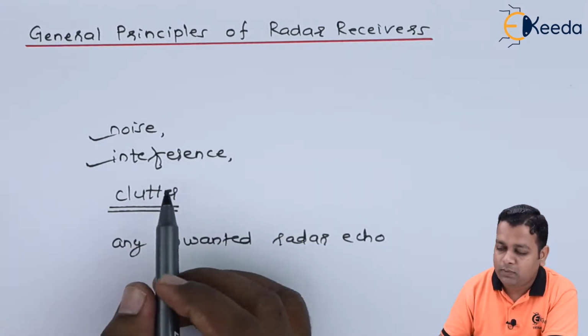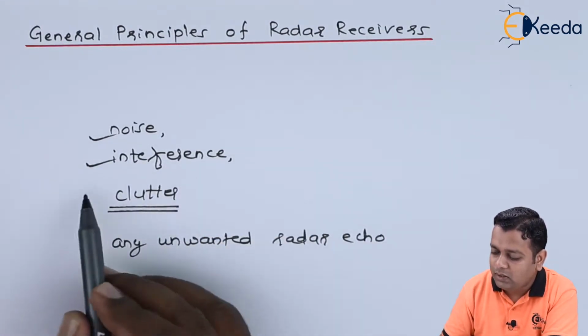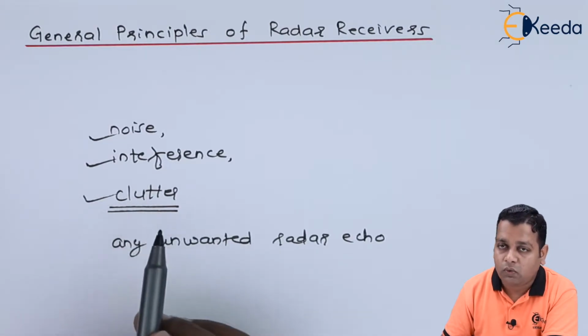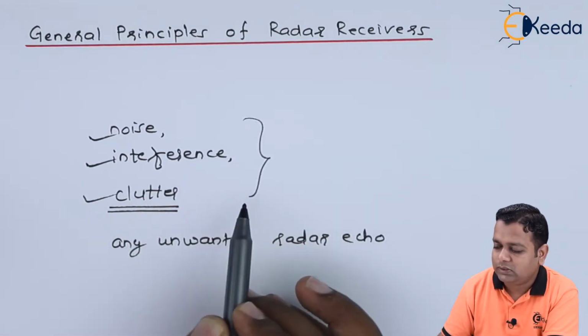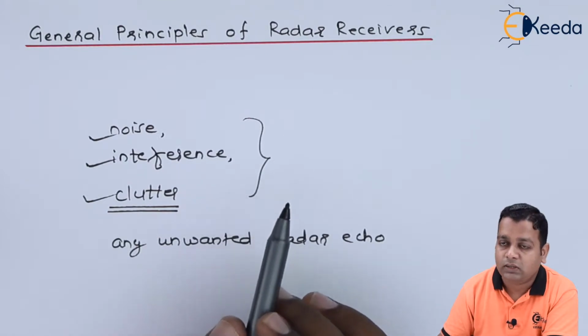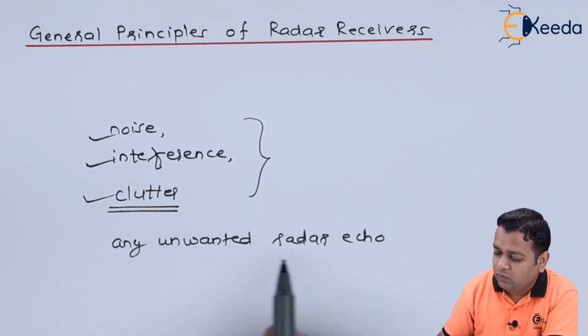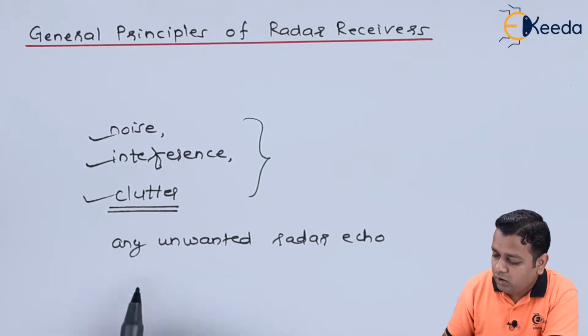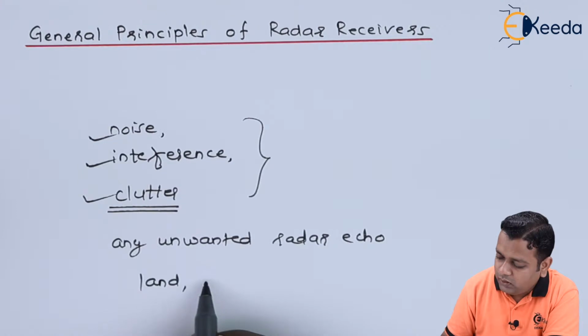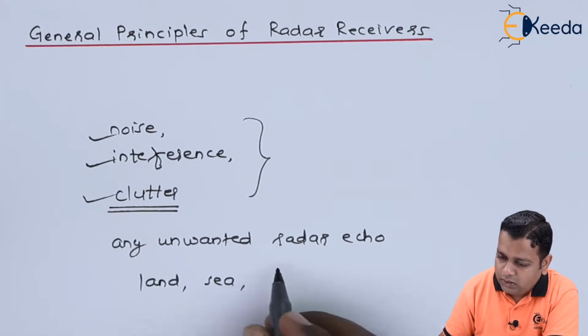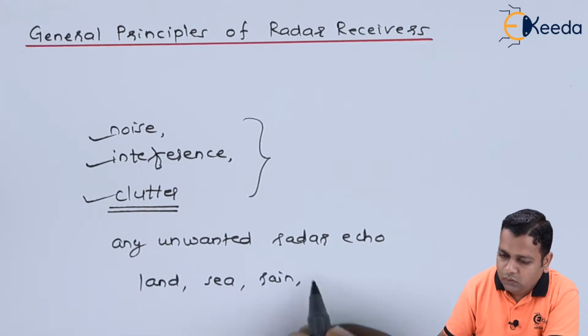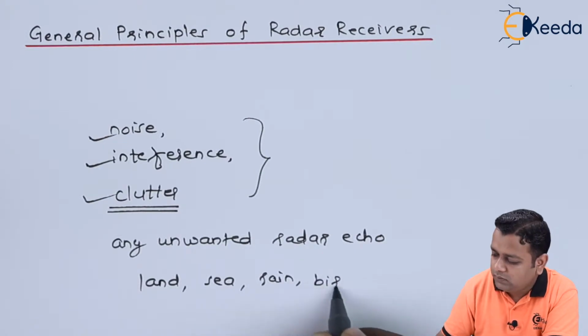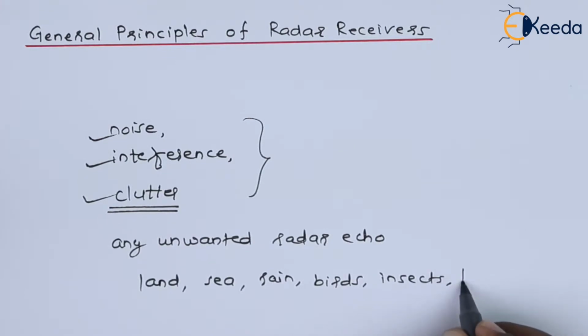All three parameters, noise, interference and clutter, are unwanted signals with respect to the receiver operation. Clutter is any unwanted radar echo that can be produced because of reflections from the land, the sea, the rain, the birds, insects, the poles and the towers.